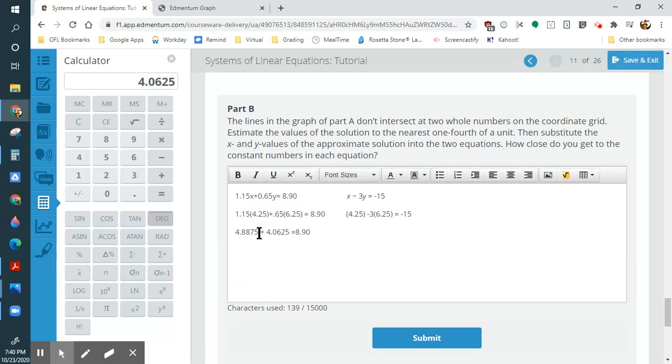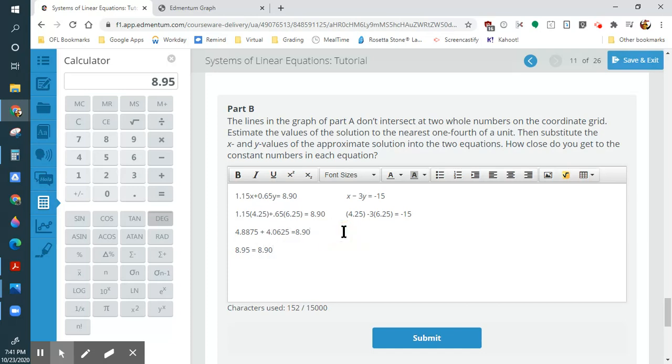Let's see if this is equal. I'm going to work the whole thing out. And then I get 4.8875 plus 4.0625. Oh, I got really close. Look how close that is. It's not equal to, but I'm going to put it because it's supposed to be equal.